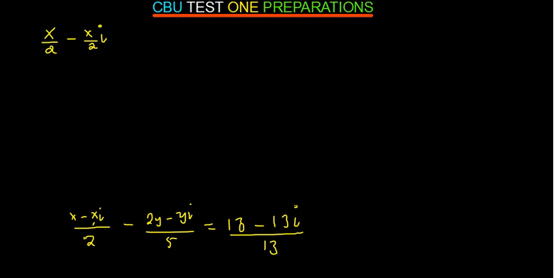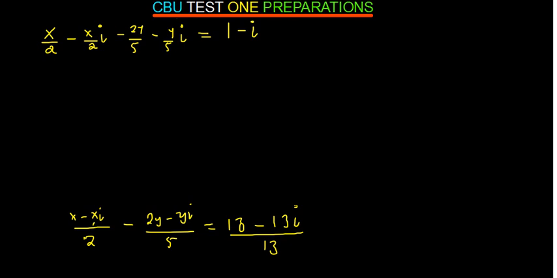And then you have 5 also, you are going to have negative 2y over 5 minus y over 5i, and that is going to be equal to 13 also over 13. So 13 over 13 is a 1, isn't it? 1. And then 13i over 13 with the negative, that will be negative i. Hope you can see that.